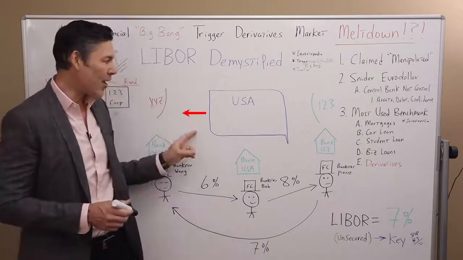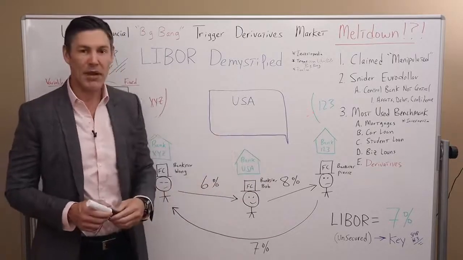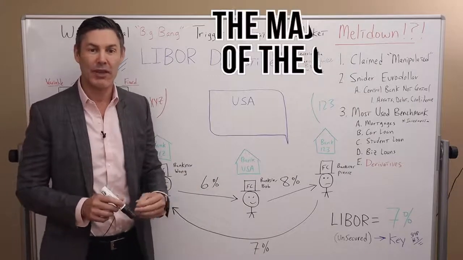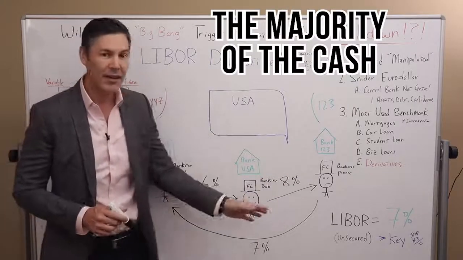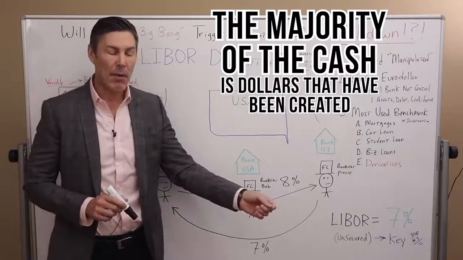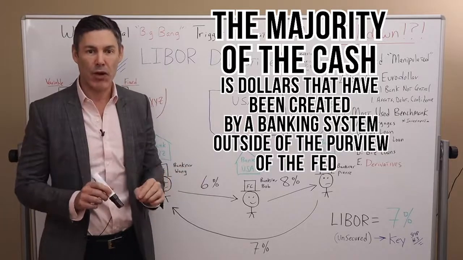Well, that's a rate that's outside of the United States. That's not a rate that's exclusive to the domestic economy in the USA. Why is that? Because the majority of the cash in the global economy isn't necessarily dollars, but it's dollars that have been created by a banking system outside of the purview of the Federal Reserve.